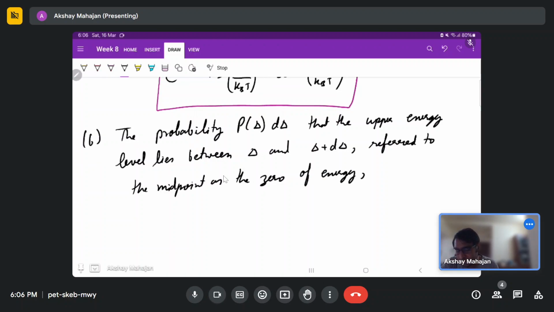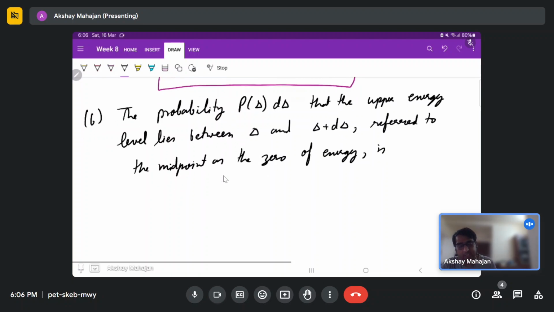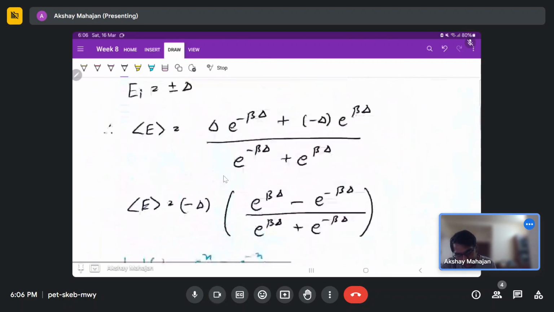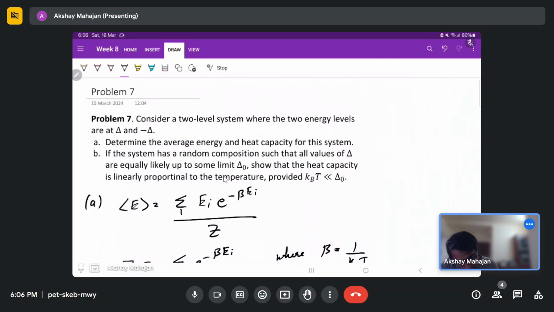So the probability that the energy level is between delta and delta plus d delta, up to some delta naught, we assume that all the values are equally likely, as given: all values of delta are equally likely up to some limit delta naught.